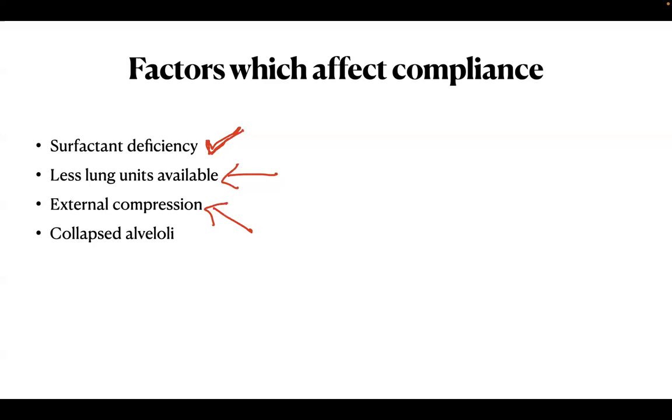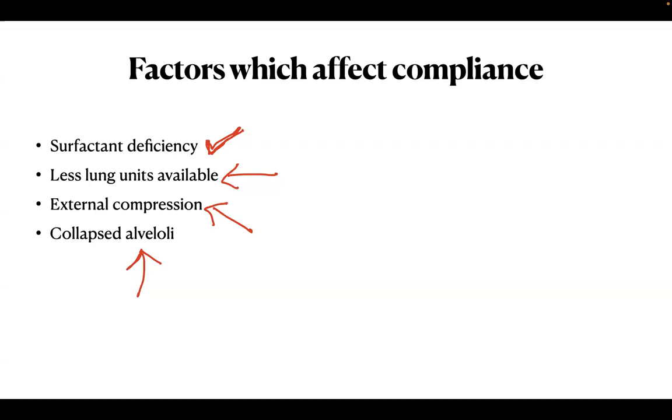This could be because of a pneumothorax or a pleural effusion outside that is not allowing you to expand the lung. Then the amount of volume change that you create for a particular pressure change can also decrease. The other is if you have collapsed alveoli, not just because of unrecruited ones, but because you have a bad tube position. A very deep tube can create a left lung collapse, a right upper zone collapse.